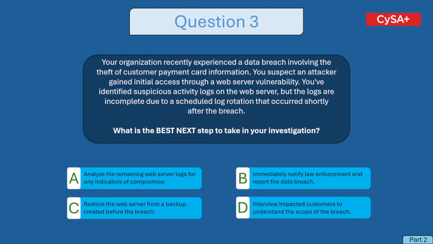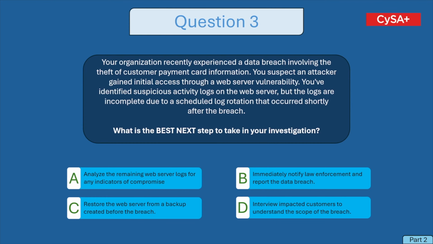What is the best next step to take in your investigation? A. Analyze the remaining web server logs for any indicators of compromise. B. Immediately notify law enforcement and report the data breach. C. Restore the web server from a backup created before the breach. Or D, interview impacted customers to understand the scope of the breach.